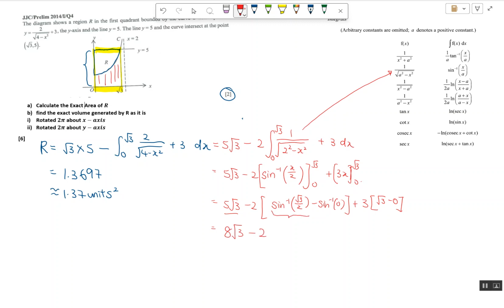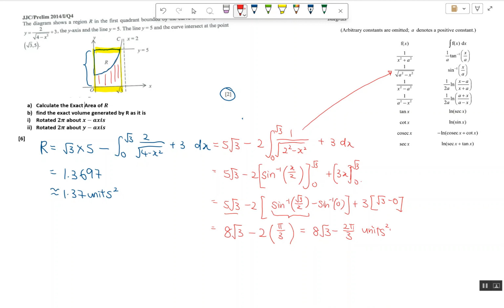You need to know the special angle table. This will give you pi over 3. If you still don't know the special angle table very well, all you need to do is to key this into your calculator, and when you inverse, you are getting an angle, so you divide the answer by pi, then you will get 1/3. Okay, and then this will be your answer, 8 root 3 minus 2 pi over 3 square units.